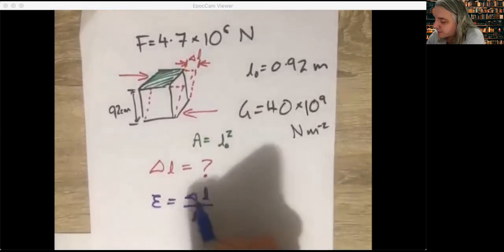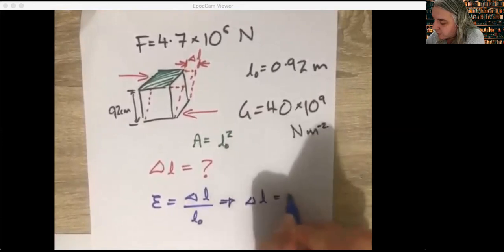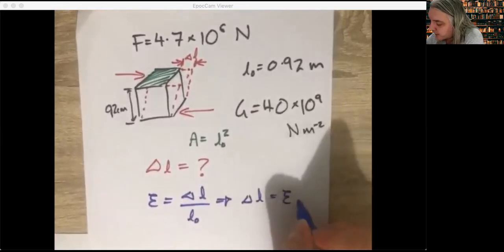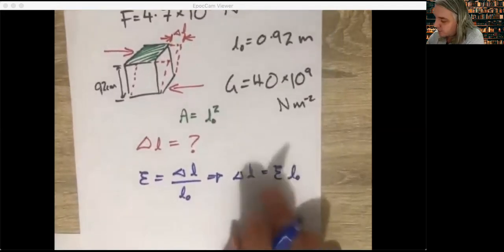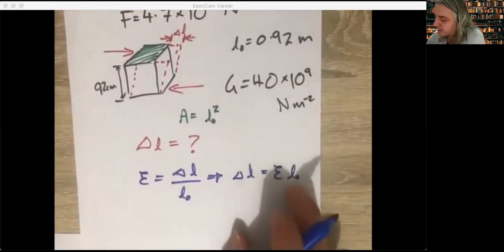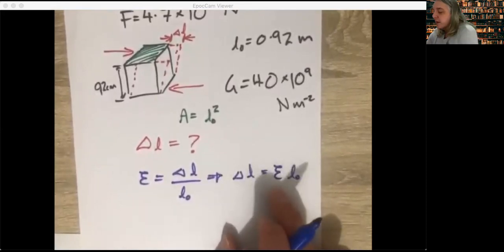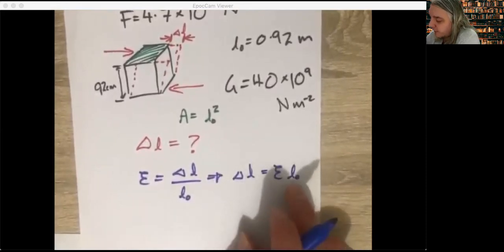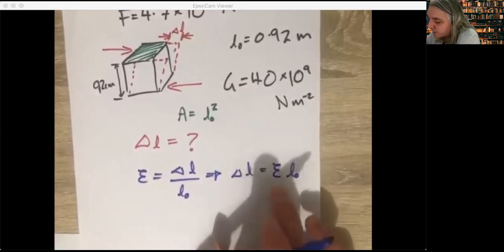So if we rearrange that because we're looking for delta L, that gives us delta L equals epsilon, or the strain, times L naught. So that is the formula we need to put values into. We want delta L, so we need L naught and epsilon. We know L naught already, so we can leave that, but we have to figure out what we're doing for epsilon.